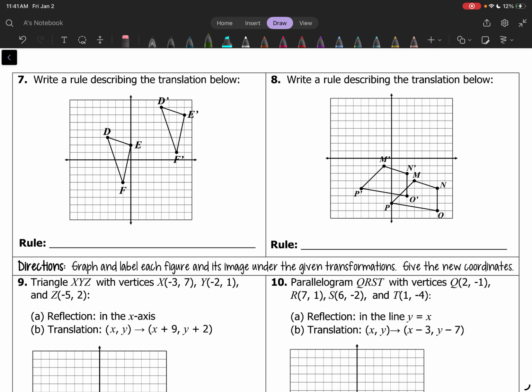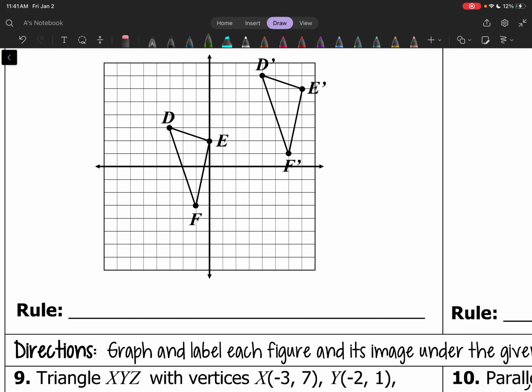Write a rule describing the translation below. You can do any of these image and pre-image combinations, but only pick one of them. So I'm going to pick F. Pre-image F, image F. I want to describe how the F goes to image F. Make sure the order you're going is correct.